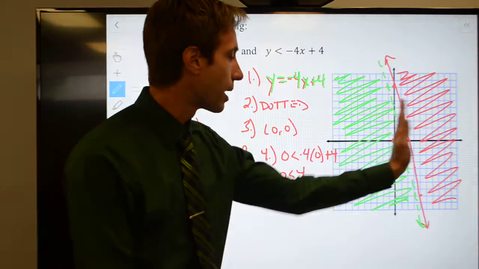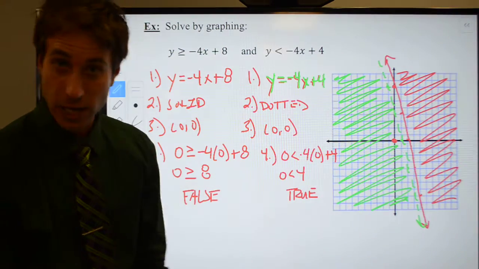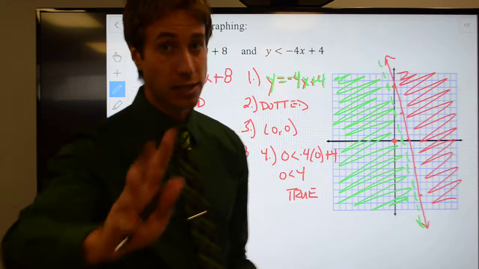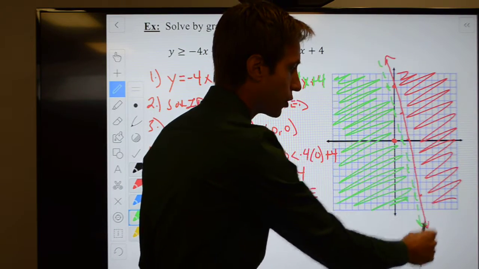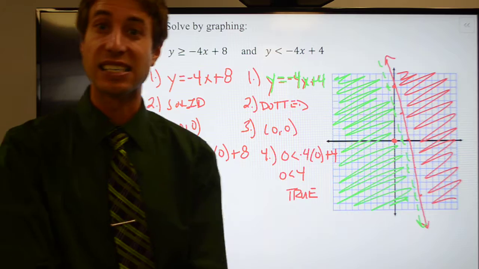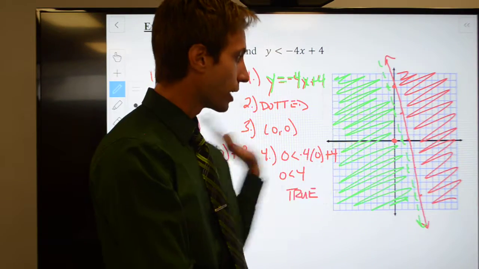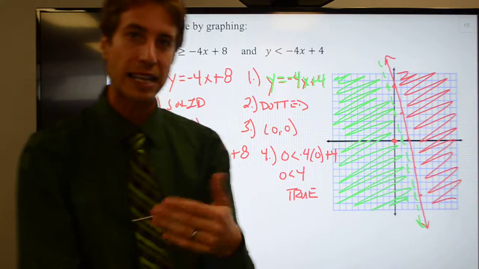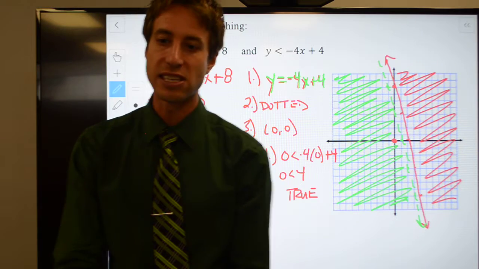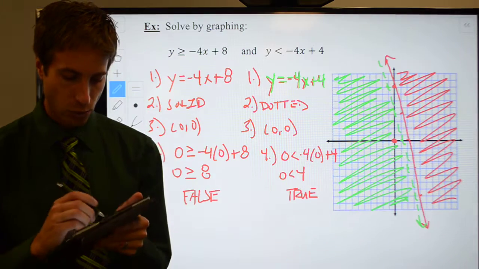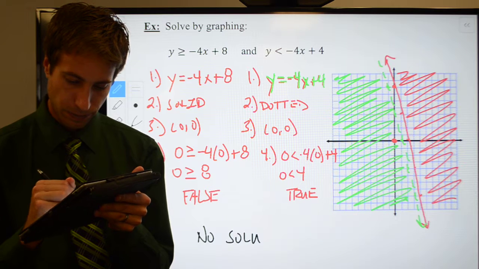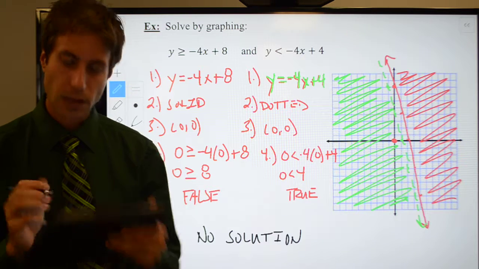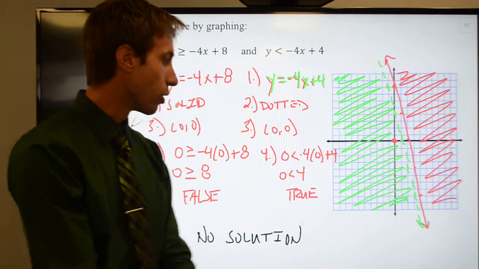For my green line, I'm shading everybody to the left. My only possible solution region would be everybody between the two lines, and that doesn't happen since the green goes to the left and the red goes to the right. Those two solution regions never overlap, and so we wind up with no solution, because the solution regions don't overlap.